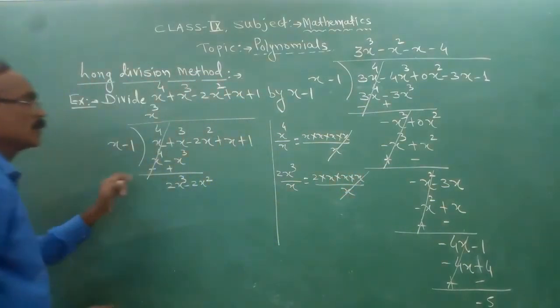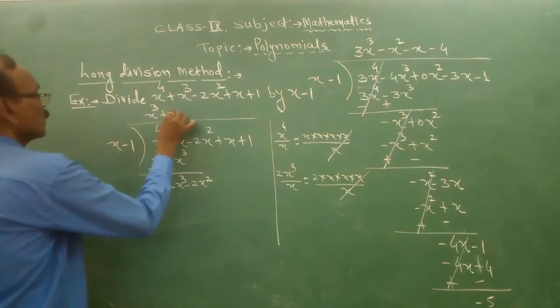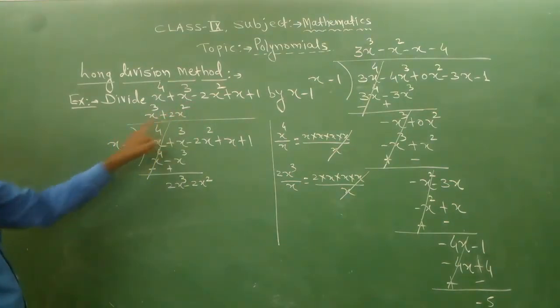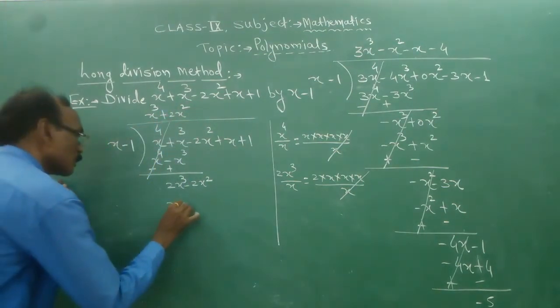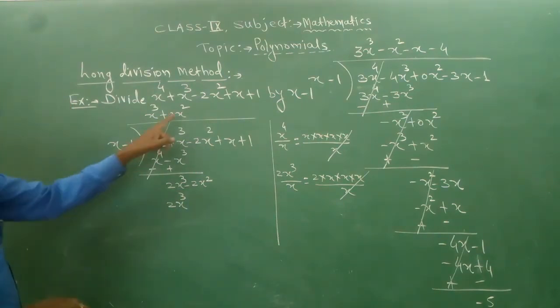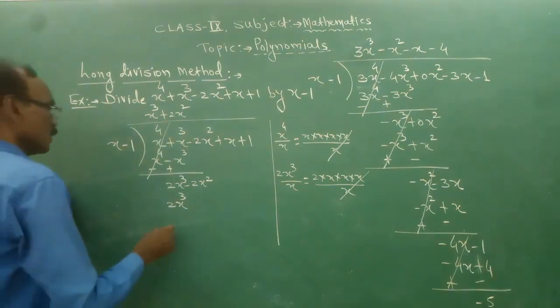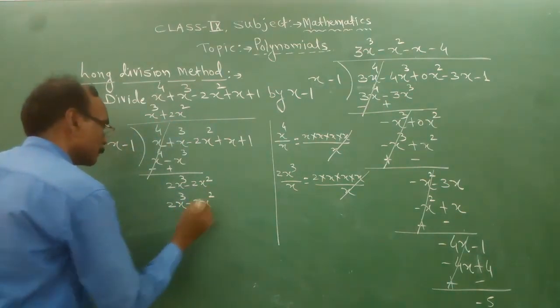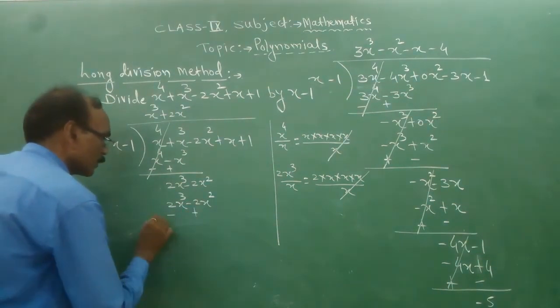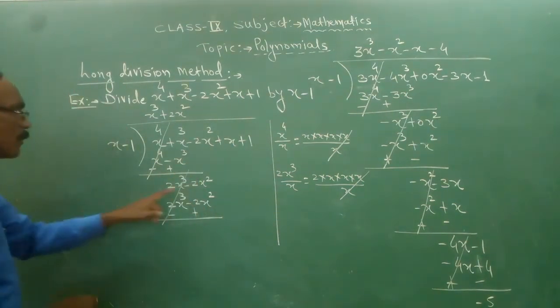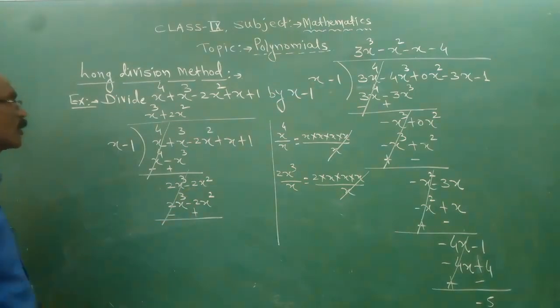One x will get cancelled, 2x square. 2x square into x, 2x cube, then 2x square into minus 1, that is minus 2x square. Change the sign. Okay, this will cancel, minus 2x square and plus 2x square, that will also cancel, 0.